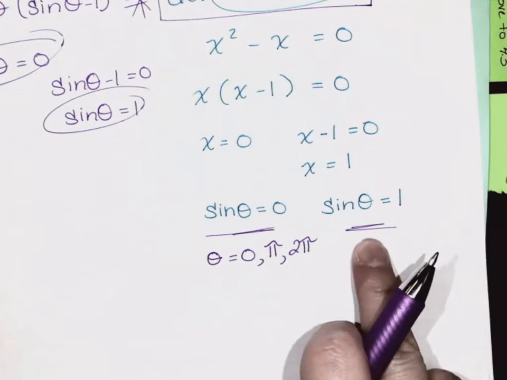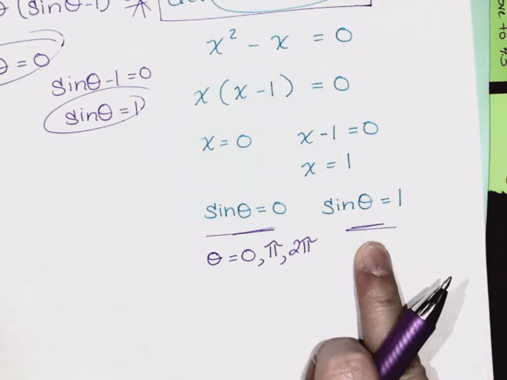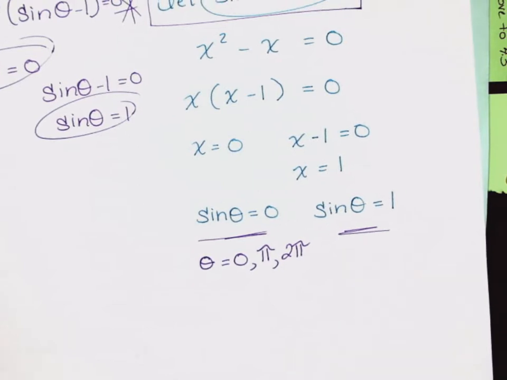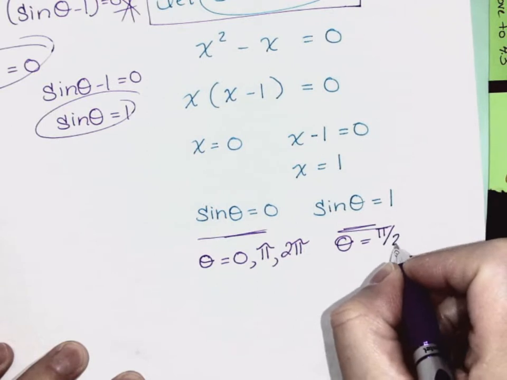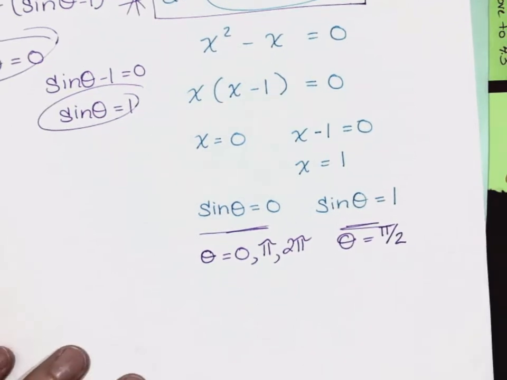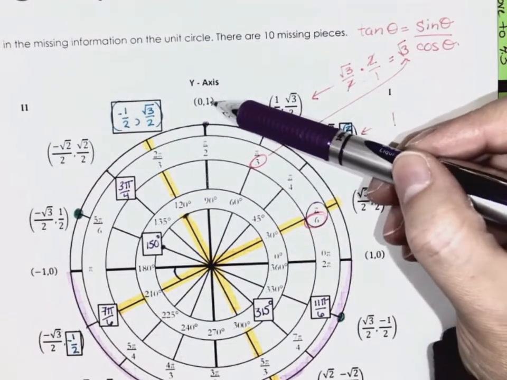Now I've got to go over and solve this one. Pi over 2. Anywhere else? What is it when you're at 3 pi over 2? That's a negative 1, right? Because sine is the y values of the coordinates. So we're looking for where sine is positive 1.